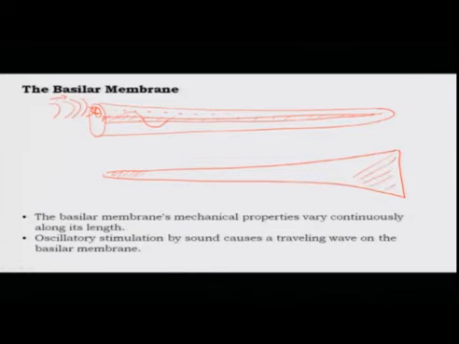That immediately tells you high frequency sounds will make this part of the membrane vibrate more, and low frequency sounds will make this part of the membrane vibrate more. So, already you can have a separation of different frequencies of sound on different parts of the basilar membrane.